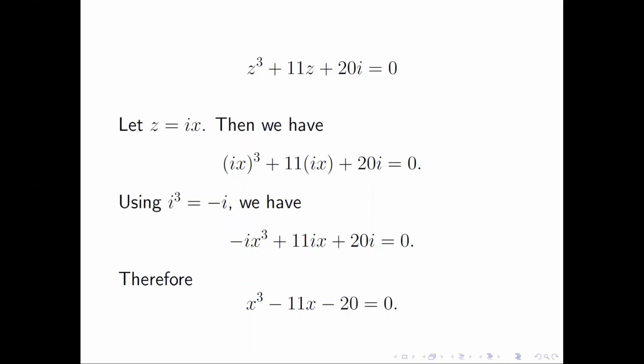Now, every term on the left-hand side has a factor i. We factor it out, eliminate it, and end up with a cubic equation with real coefficients: x cubed minus 11x minus 20 equals 0.